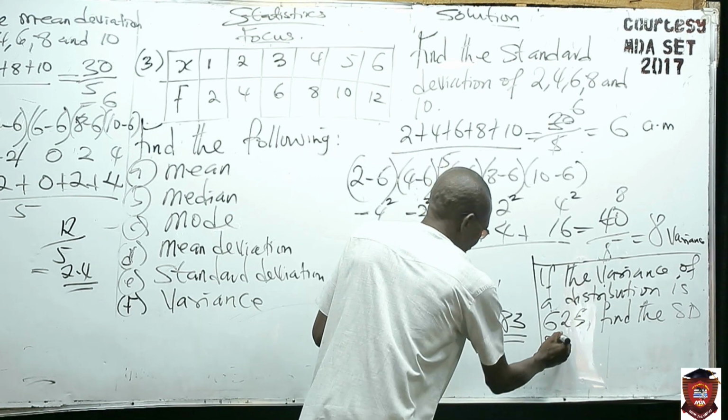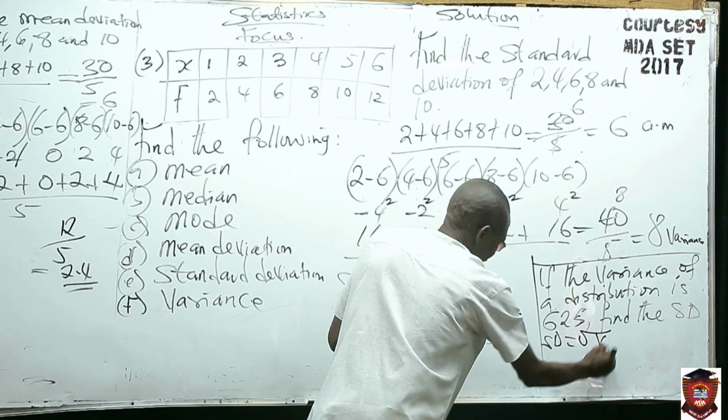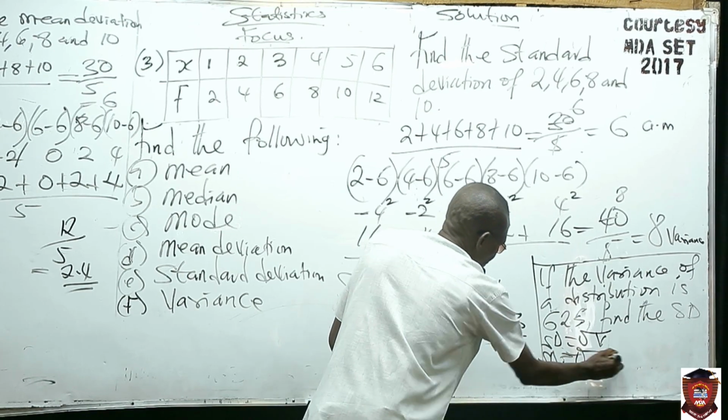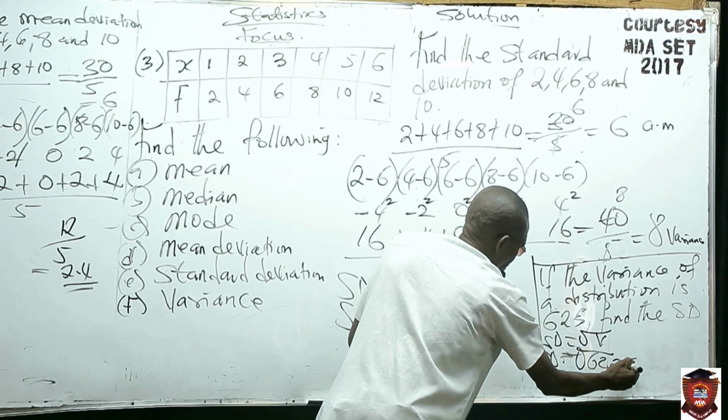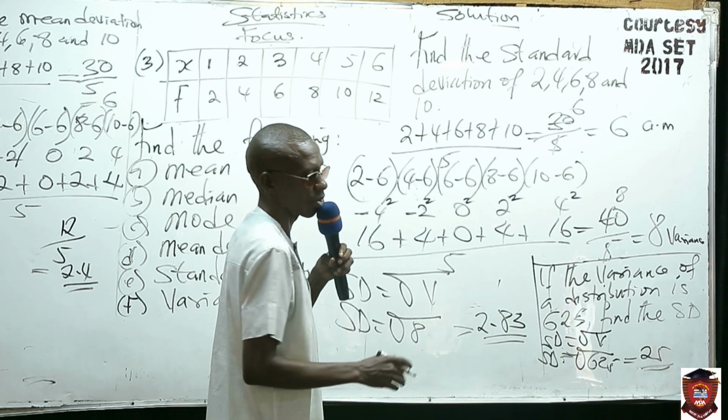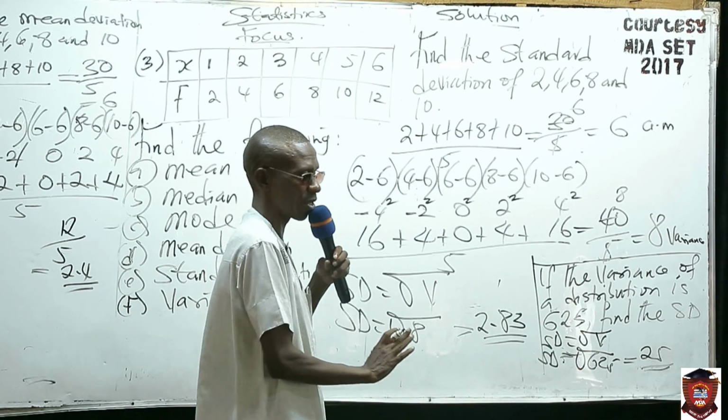Standard deviation there is the square root of variance, which will give us the square root of 625. Square root of 625 is 25, because 25 times 25 gives us 625. Bear that in mind. This is just the elementary aspect of it.